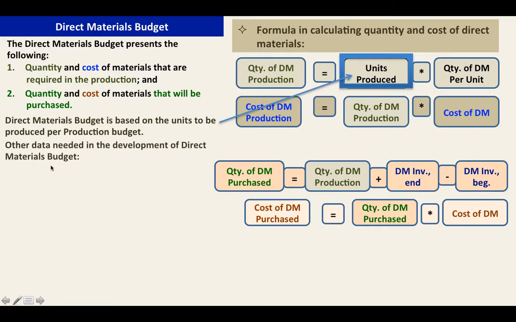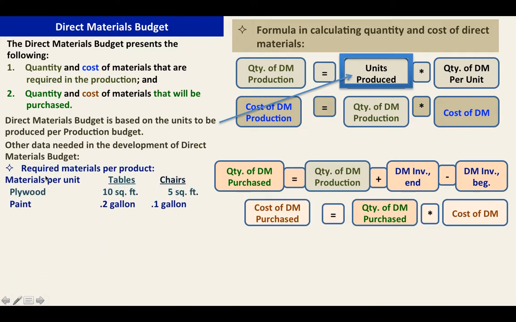Next, other data needed in the development of the direct materials budget. First, required materials per product. In this situation, in Stylish Furniture manufacturing, these are the materials needed in the production of tables and chairs. For plywood, it needs 10 square feet for each table and 5 square feet for each chair.